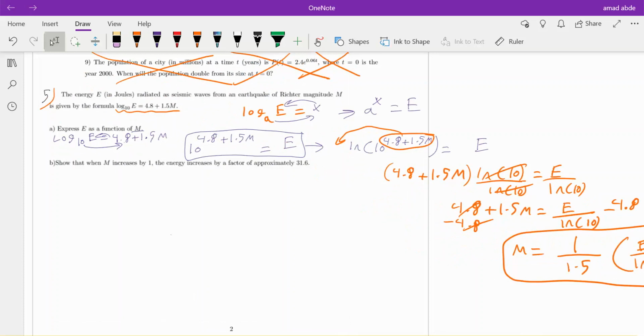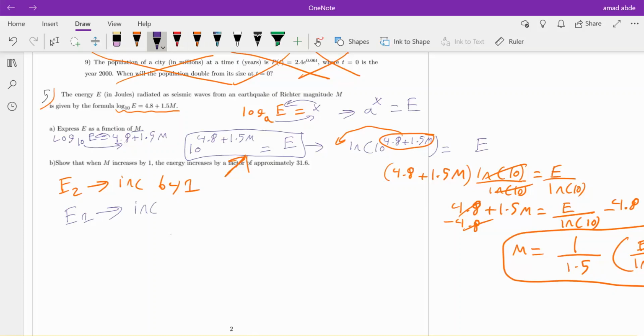We call the first one E2, which is when we increase by 1, and then we call the second one E1, which is when we stay at the normal pace, so we're basically not adding anything. Increase by 0, for example. Let's divide E2 by E1. You're going to see why by the end, and it's going to make much more sense.